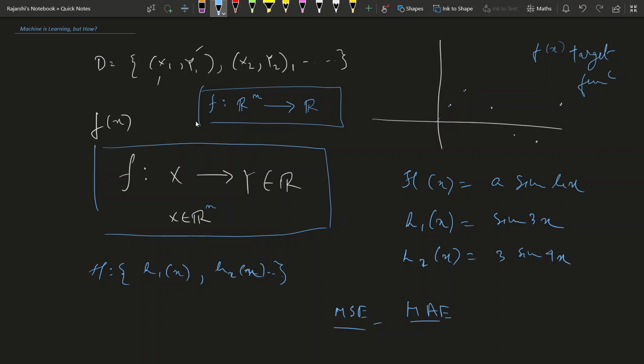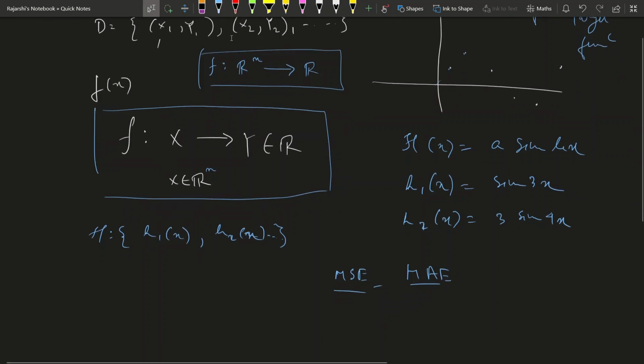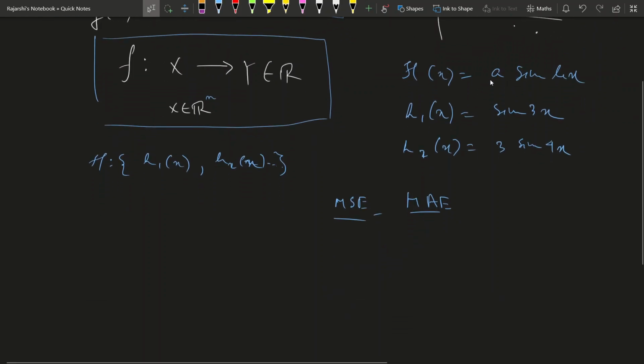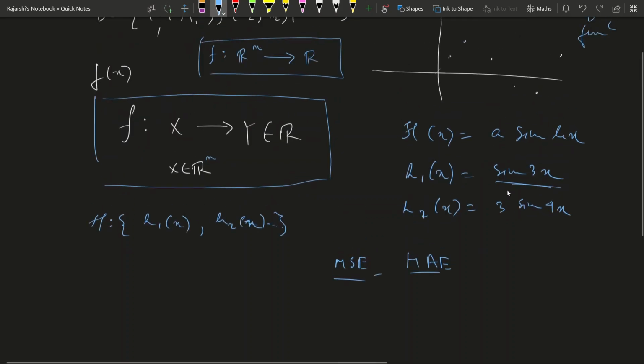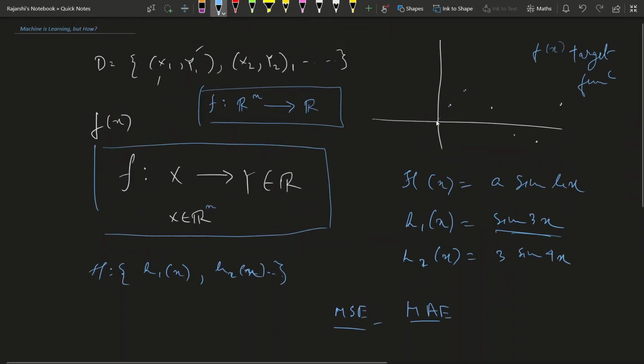Before that, let me go into what is known as navigating through the hypothesis set. What do I mean by that? Let's say you have your hypothesis sine 3x. It may look something like this, which might not be the ideal representation. And if you use 3 sine 3x, that might look something like this.